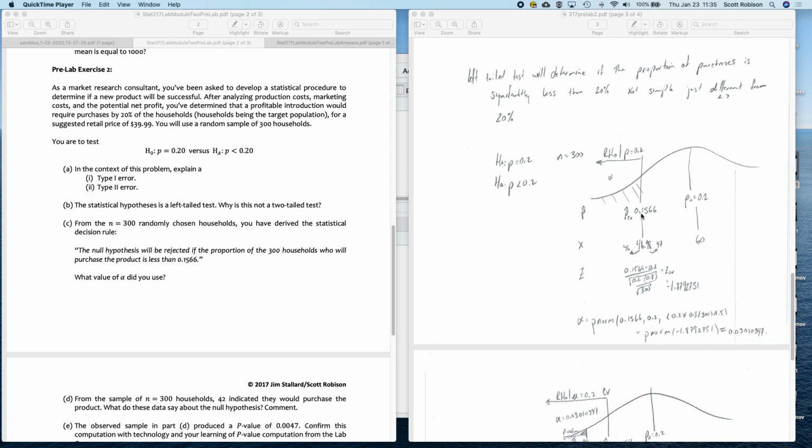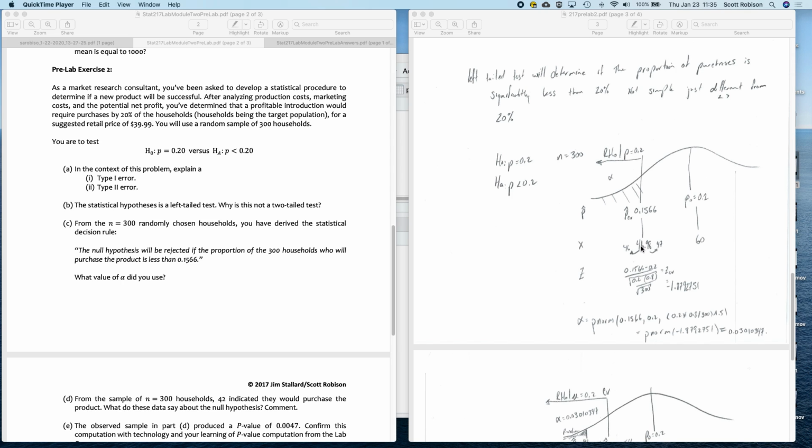And if I take 0.1566 times 300, I get 46.98. So here we are talking in X scale, the number of successes out of 300. What we're expecting is that out of 300 people, 60 of them will say they want to buy our product. However, you can see that this is not a whole number.